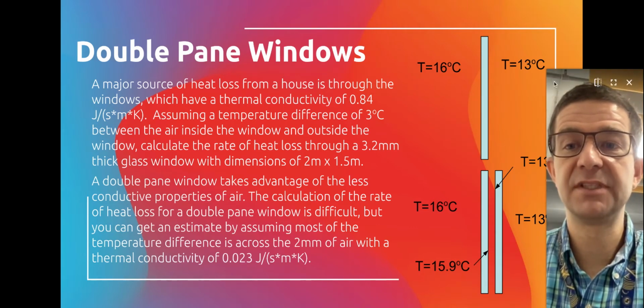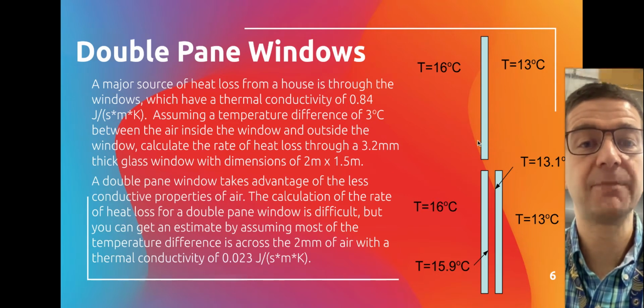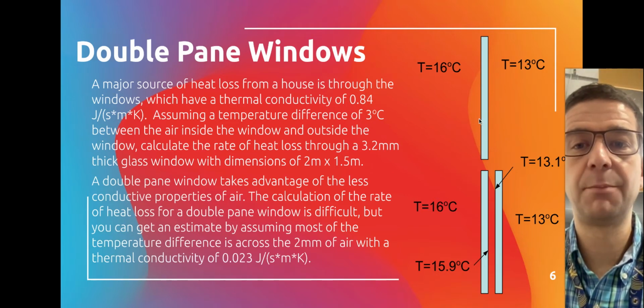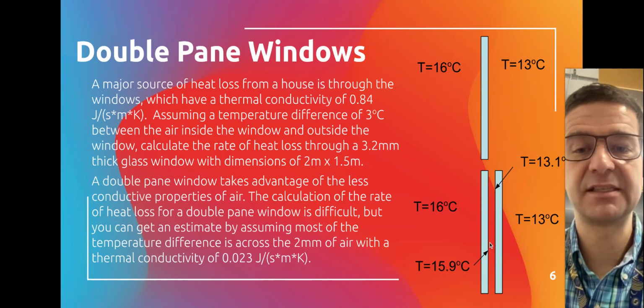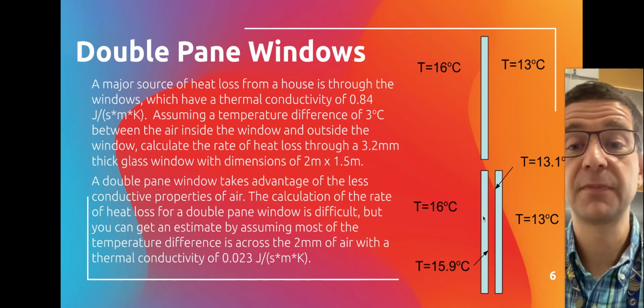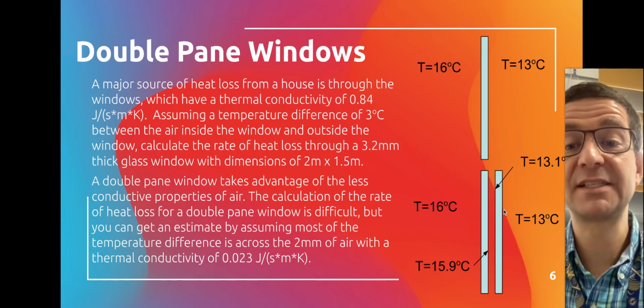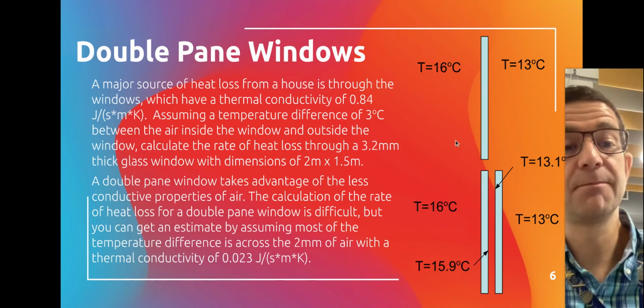One of the things that people will design are double pane windows. Instead of a single pane of glass between a warmer indoor temperature and a cooler outdoor temperature, you have two panes of glass separated by a small air gap or even a vacuum. And these windows become much more insulating than even, say, thickening up this glass.